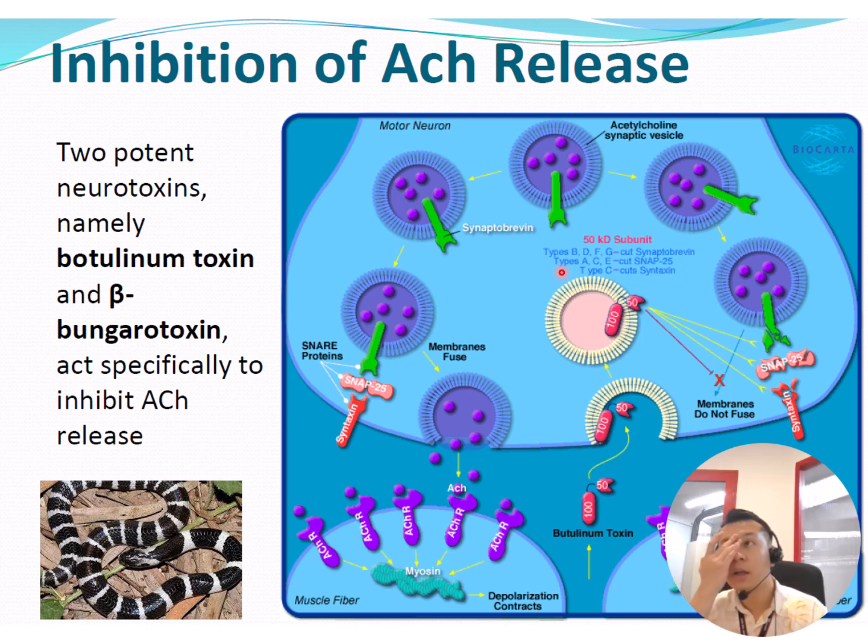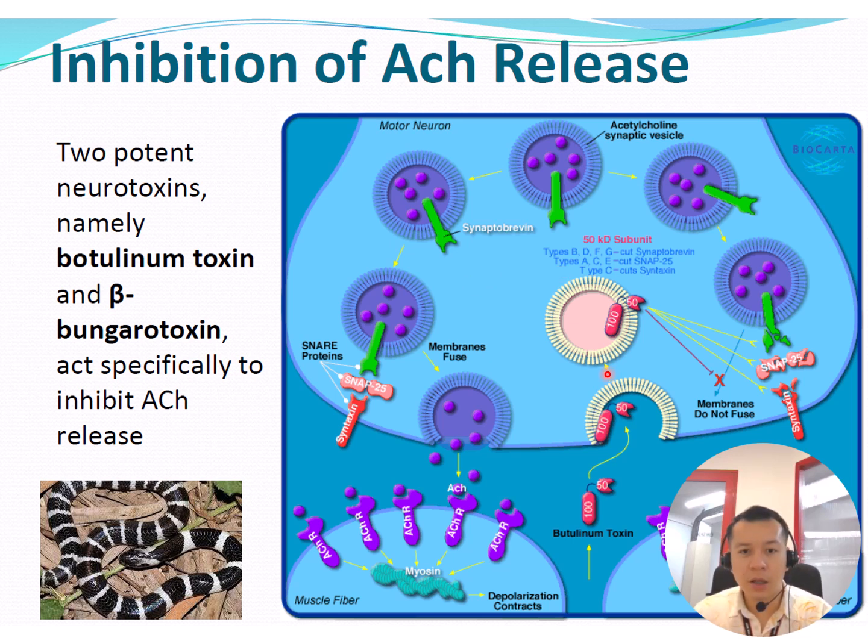So basically, they prevent the neuron from releasing the acetylcholine-containing package into the synaptic cleft. Okay, remember, for you to activate your muscle, you need to have your acetylcholine bind across the synaptic cleft, right? So without this release, the muscle fiber will never get the contract signal. Okay, so it can lead to a flaccid paralysis.